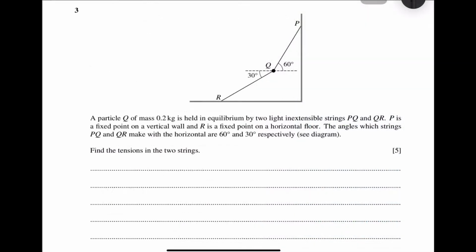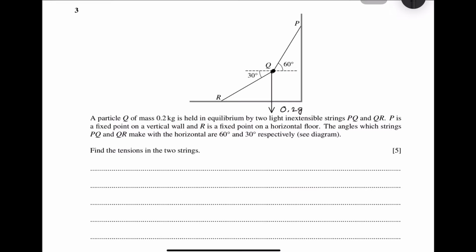And this is question number 3. A particle Q, its mass is 0.2 kg, so let me write here 0.2 kg, is held in equilibrium by two light inextensible strings PQ and QR.